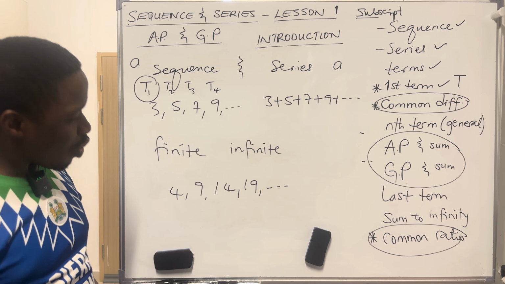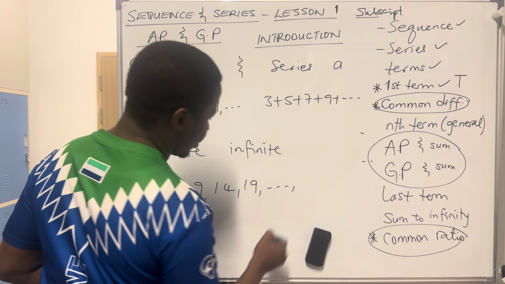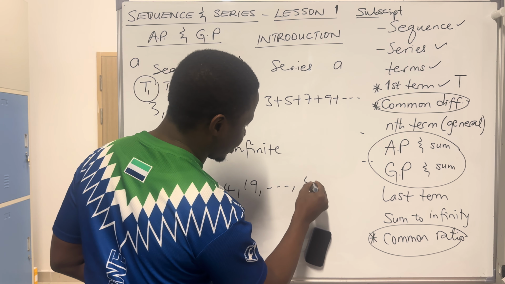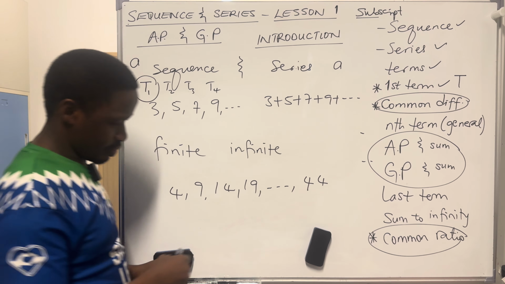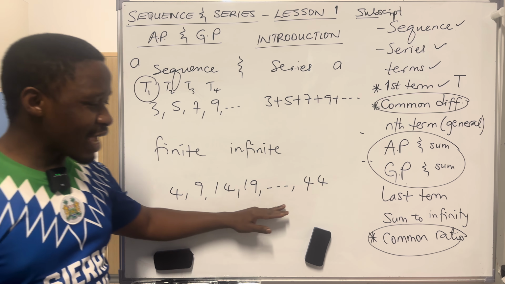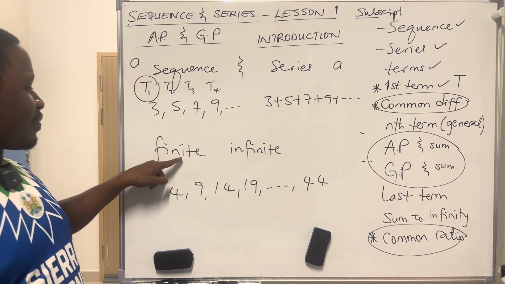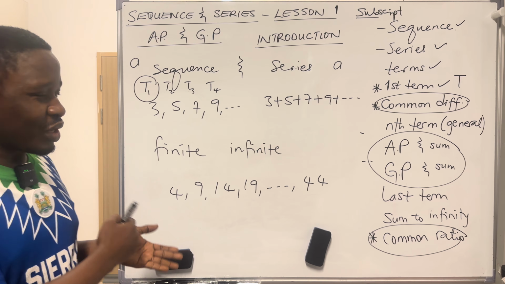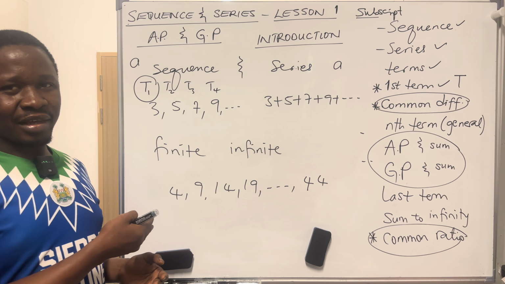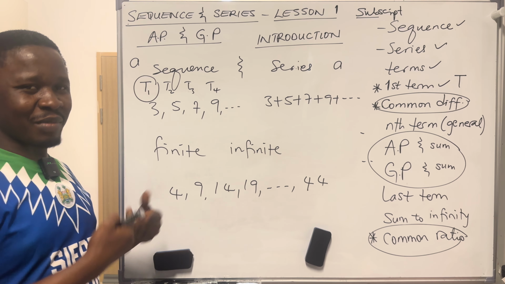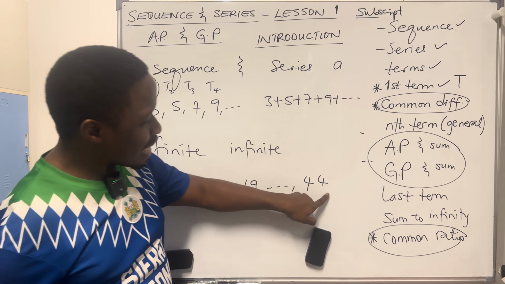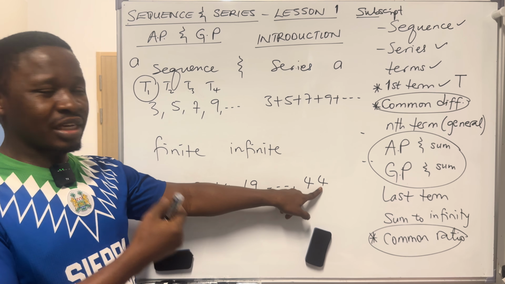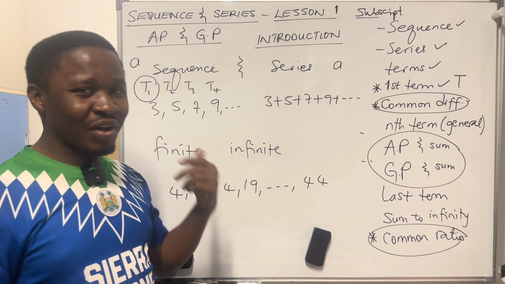But what if at some point it appears like this and ends with 44? Is this a finite or infinite sequence? It is definitely a finite sequence. Because we may not know how many terms there are without applying the mathematics, but the last term is given, so it is a finite sequence.